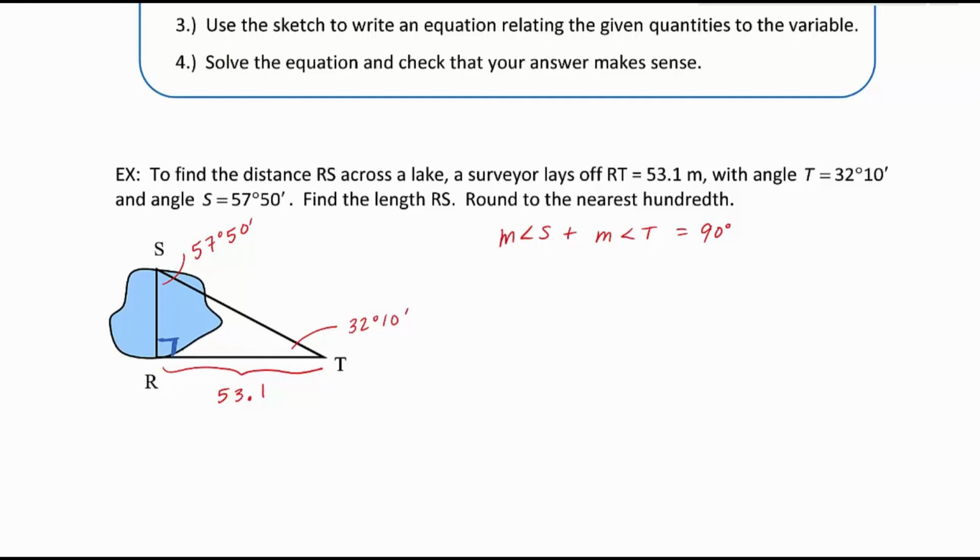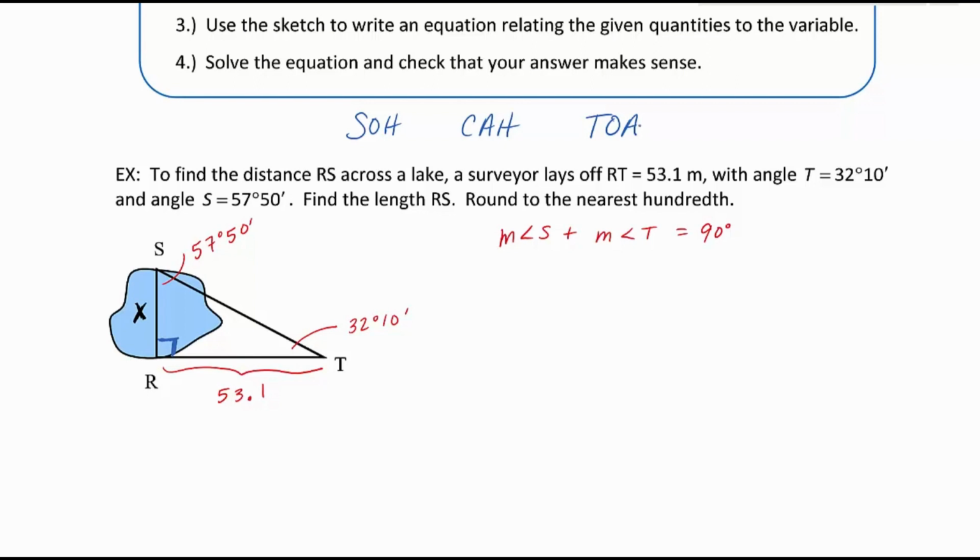Okay, great. We got our 90 degrees. We're trying to find the length RS. That's this over here. And we want to use one of our trig functions and SOHCAHTOA. If I use angle T as my reference angle, side x is opposite and side RT is adjacent.